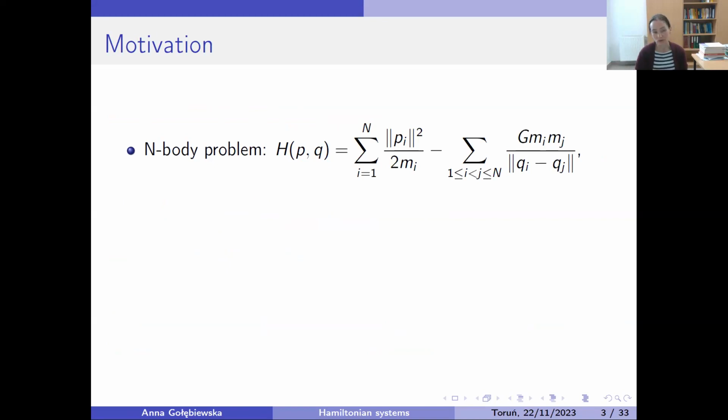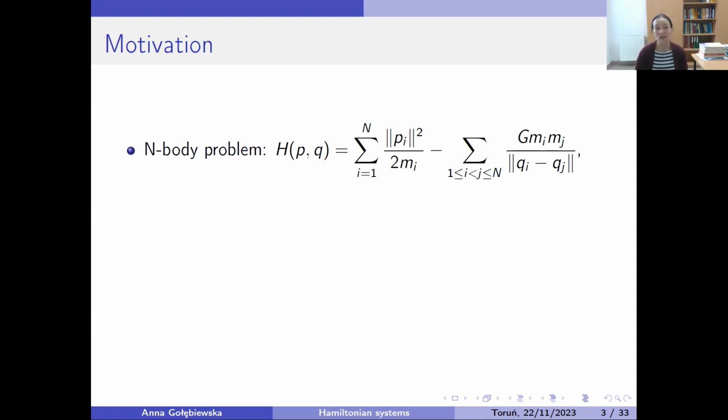So probably the most famous is the so-called n-body problem. For such a problem, the Hamiltonian H is given by this formula where Q is position and P is momentum. This is the general form of the Hamiltonian. With this Hamiltonian, our equation becomes the Hamiltonian equation of the n-body problem.